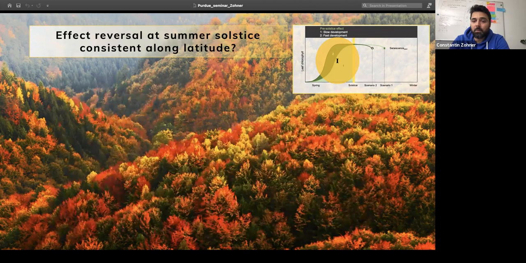Now, one remaining question we had was, is this also really consistent along latitude? Because it might be that in regions where spring leaf-out happens rather late, this early season effect is also happening until later in the season.